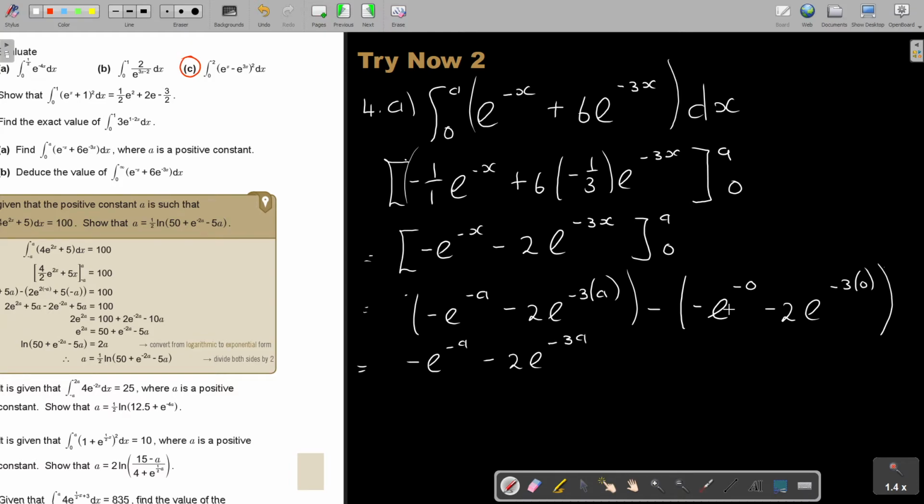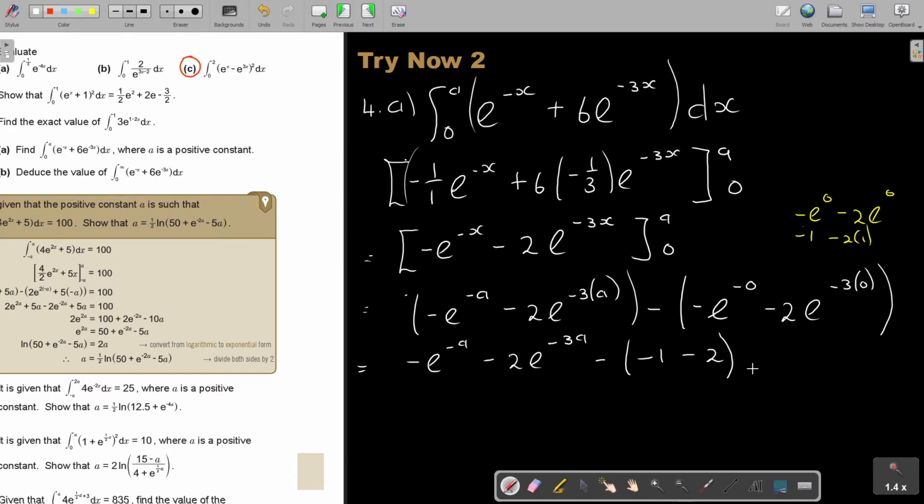Now it's negative e to the 0 minus 2e to the 0, so it's negative 1 and negative 2. Do you see? Because that is negative 1 and that is like that, so it's like negative 3. So it's going to be negative 1 minus 2. Keep it like that.